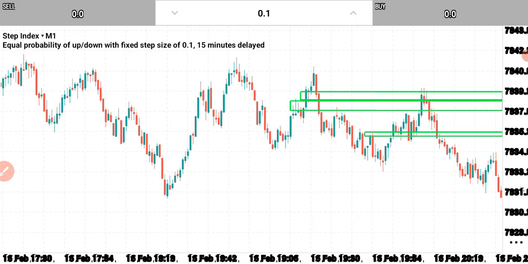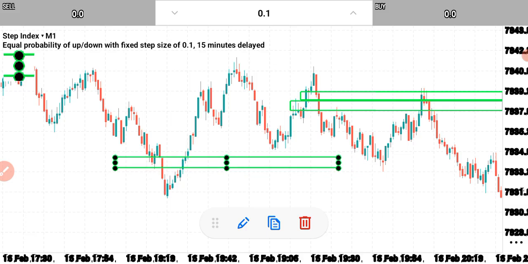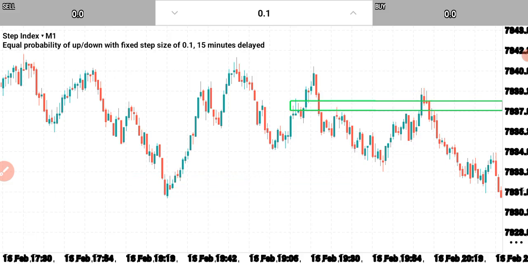So a green line shows up again. The red retraces it. That is not what I'm looking for. I'm looking for anything that works sideways. Let me just take this off so I know what I'm doing.